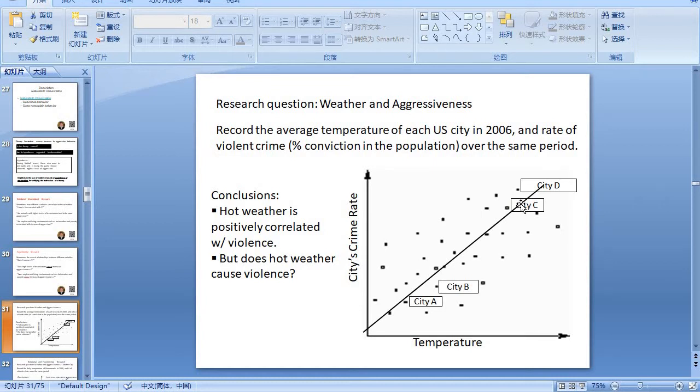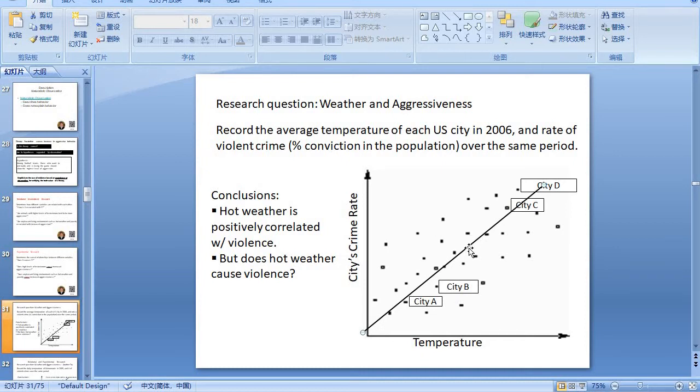In a scatter plot, you can draw a straight line through all the dots, through all your data points. And this line, if you draw it properly, is a best fitting line. It will be the line of best fit. The reason that it is called the best fitting line or line of best fit is that it fits all the dots the best.